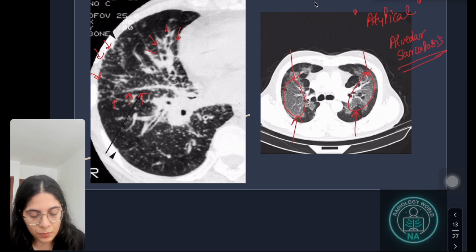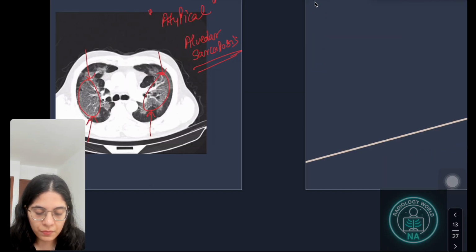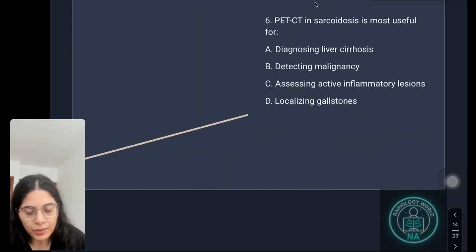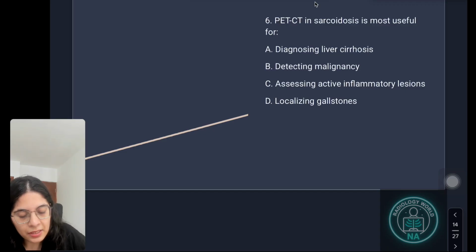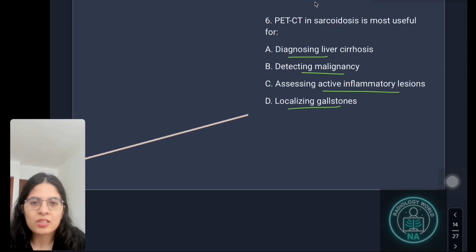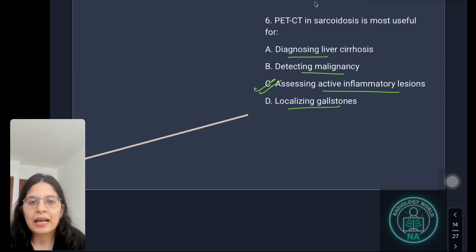Okay, let's move towards our next question, which is: PET-CT in sarcoidosis is most useful for? It is used in diagnosing liver cirrhosis, detecting malignancy, assessing active inflammatory lesions, or localizing gallstones. It is a very easy and logical, common sense question. The answer over here is to assess the active inflammatory lesions.